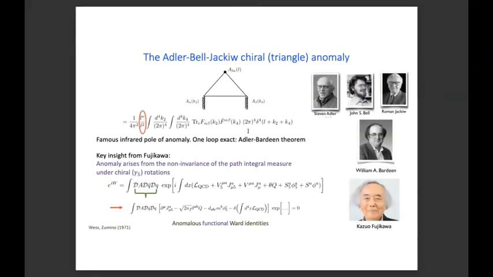So also you heard in the first talk this morning about the ABJ anomaly. It's sometimes called the triangle anomaly. So if you compute the axial vector current, you can show that this can be written in this form here, the triangle anomaly.